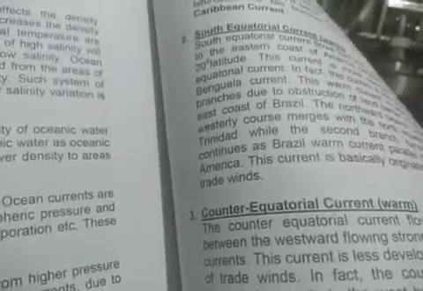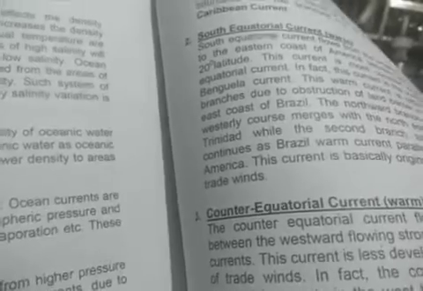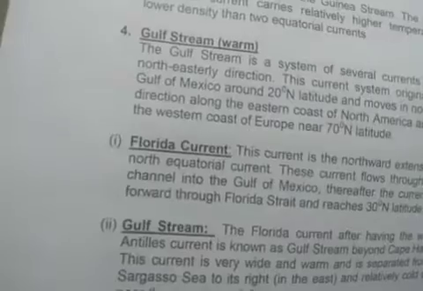In fact, the counter current mixes with the equatorial currents in the west, but it is more developed in the east, where it is known as the Guinea stream. The Counter-Equatorial Current carries relatively higher temperature and lower density than the two equatorial currents.